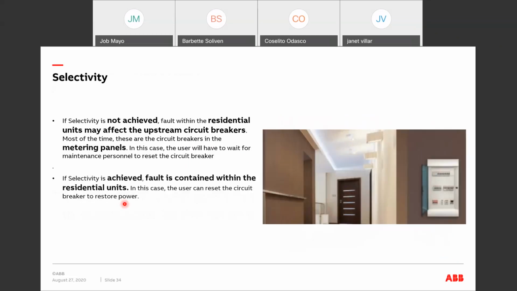On the other hand, if selectivity is achieved, the fault is contained within the residential units. In this case, the user can reset the circuit breaker to restore power.